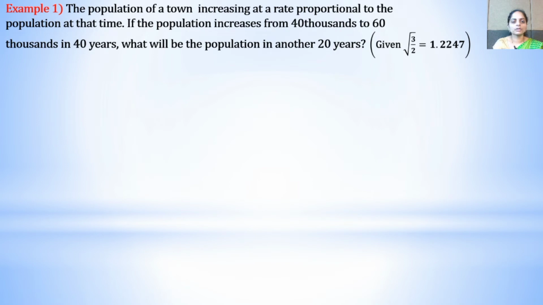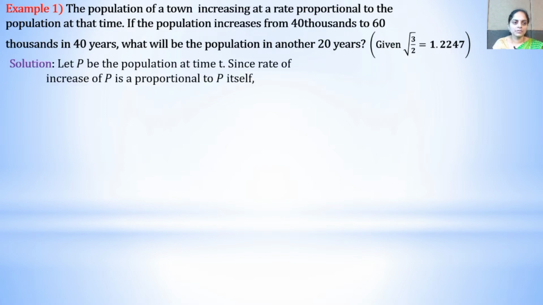First example: the population of a town is increasing at a rate proportional to the population at that time. If the population increases from 40,000 to 60,000 in 40 years, what will be the population in another 20 years? Given root 3 by 2 is equal to 1.2247.